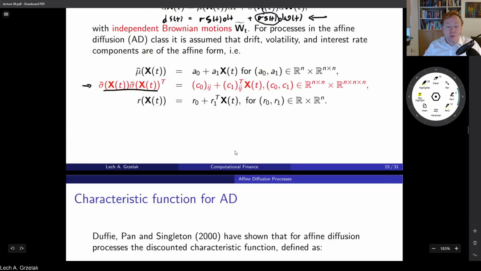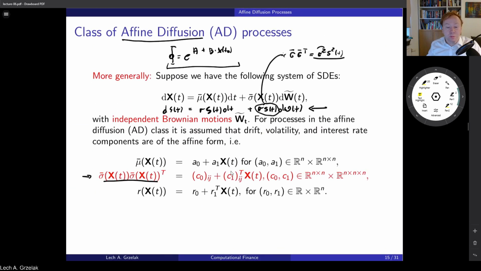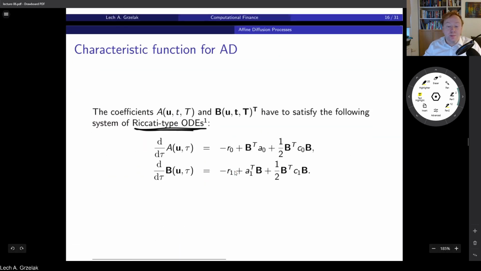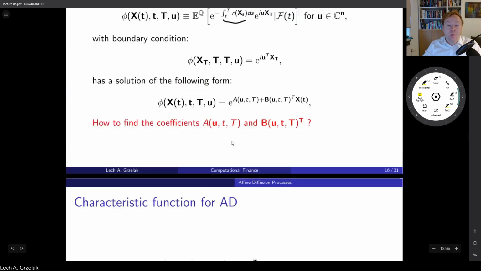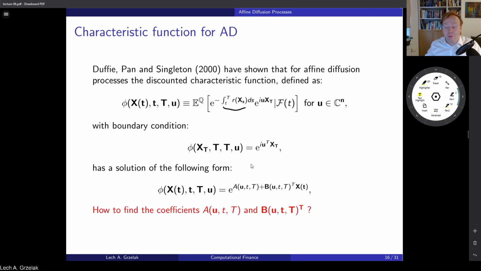Those functions correspond to the coefficients which we get in the decomposition. So we have A0, A1, R0, R1, and then C0, C1, which are matrices for the diffusion, for the volatility part. Once we determine those A's, R's, and C's, we can substitute them into this system of ODEs. And if we solve those ODEs, then we have our characteristic function given in this form.